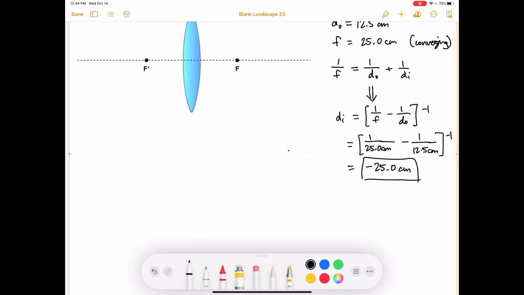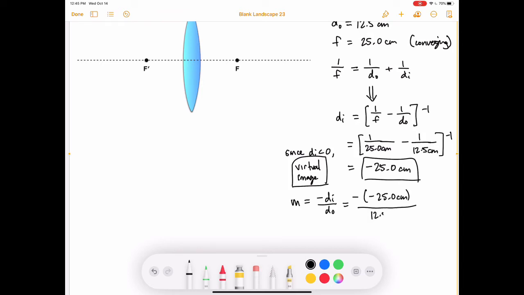Now, since we have a negative image distance, the image is virtual. That's what this is telling us. And if we go ahead and calculate the lateral magnification M, which is minus DI over DO, we have to be a bit careful with the signs here, because if we have minus DI over DO, that's going to be negative 25 centimeters for DI over 12.5 centimeters for DO.